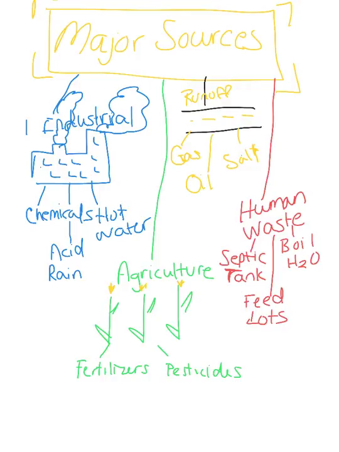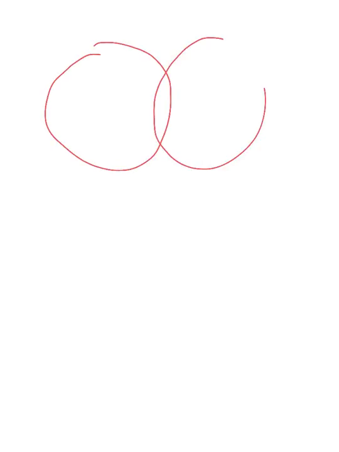Okay, next we're going to turn the page over. And we're just going to compare with the Venn diagram point source and non-point source pollution. So we have non-point, and then we have point source.